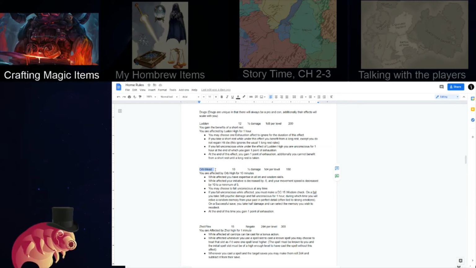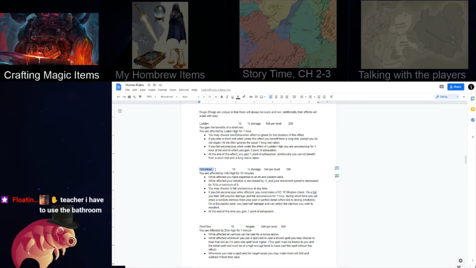You are under the effects of orb high for 10 minutes. While affected, you have expertise in all int and wisdom skills. While affected, your initiative is decreased by 5, and your movement speed is decreased by 10 to a minimum of 5.